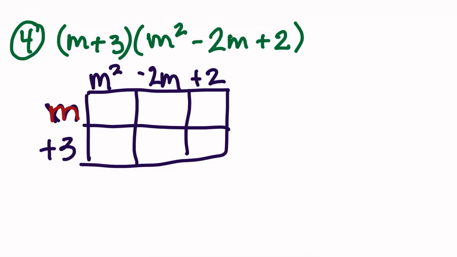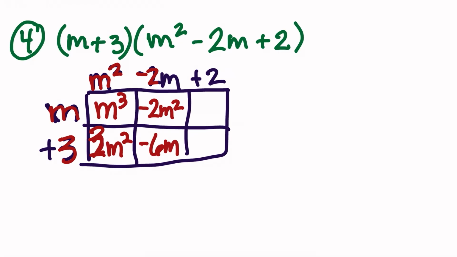So m multiplied by m squared would give us m to the 3rd. Then m squared multiplied by this 3 would be 3m squared. Wow, that was so bad. And then negative 2m multiplied by m would be negative 2m squared. Negative 2m times 3 would be negative 6m. And then m times this 2 up here would be 2m.